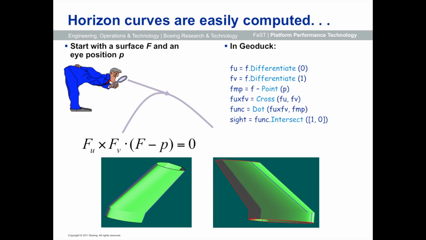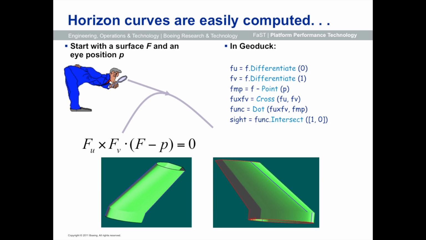Here's one that's a little bit more complicated, on this rotor hub for a helicopter here. What about a horizon line calculation? Same kind of thing. For a horizon line calculation, if I've got a surface, it is the locus of points at which the line of sight is perpendicular to the surface normal. So take the partial of the surface map with respect to one variable, cross the partial with respect to the other variable.